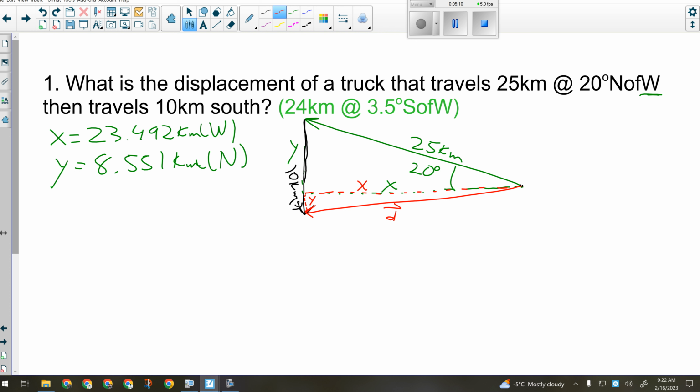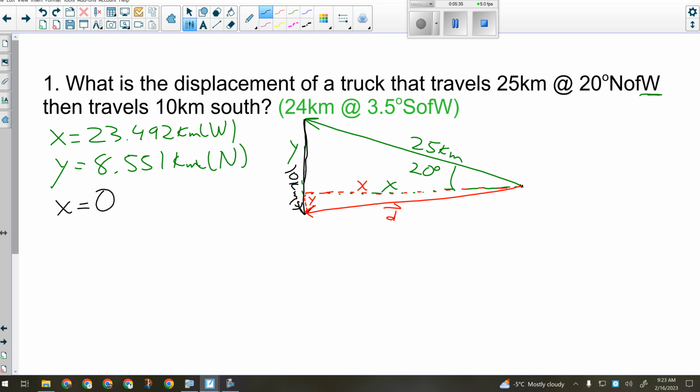So if I'm going to get red x and red y, what else do I need to do? Well, to find red y, you can just do 10 minus 8.55. Exactly. If I'm looking at my 10-kilometer long line here, does it ever go east or west? It doesn't have an x component, it's vertical.